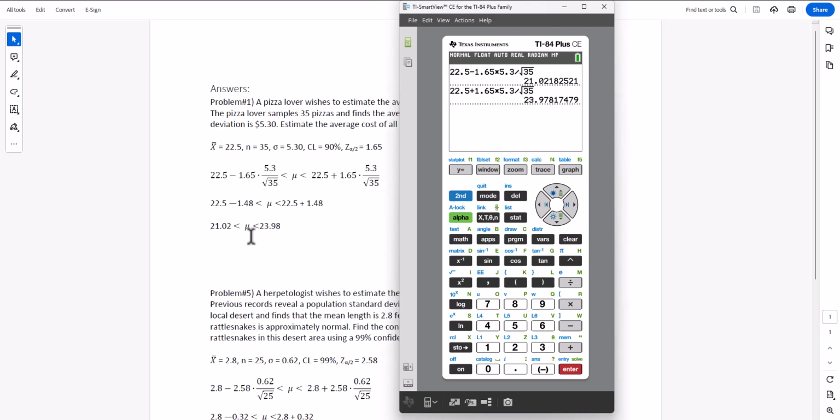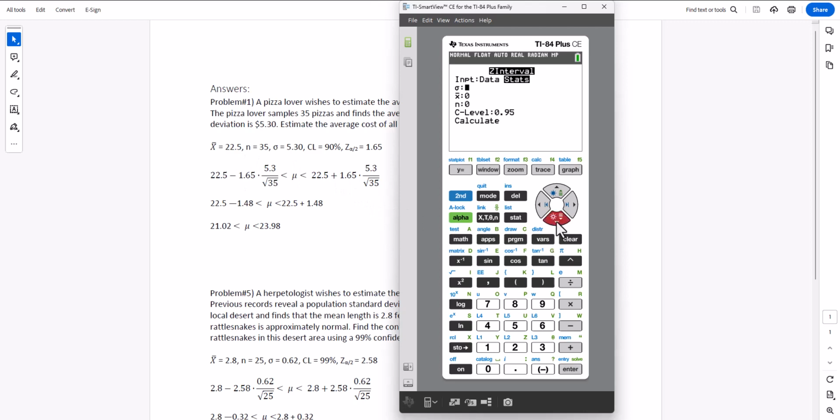There's another way of working this out just using the calculator. It has a built-in function. So to do this, we have to click on Stat. We click on Test, and we want to highlight 7, the Z interval, or you could just click 7. And we have two options here, data or stats. Let's pick stats because we know the summary statistics.